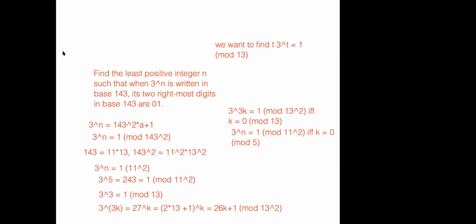This tells us that the exponent is divisible by both 5 and 39. Divisible by 5 because of the 11 squared part, and 39 because of the mod 13 squared part. So from here, the smallest possible integer n is 5 times 39, which equals 195. And that's our answer.